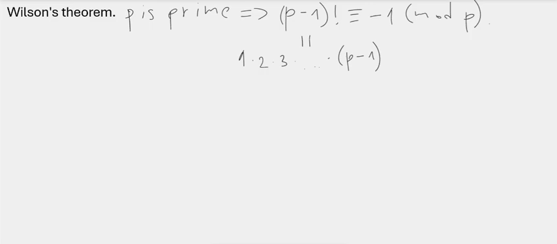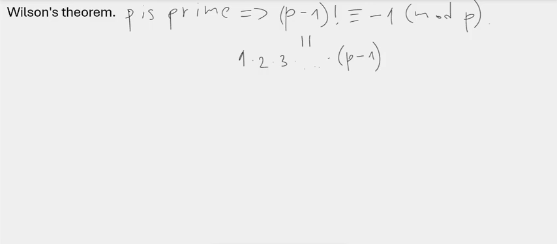They're all residues except 0 modulo p, and we know that the residues modulo p for a prime number p form a field, and this means in particular that each residue except 0 has an inverse by multiplication.